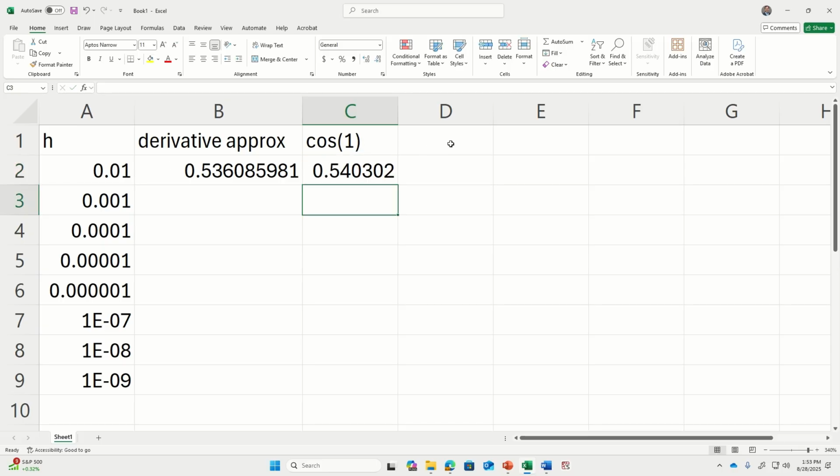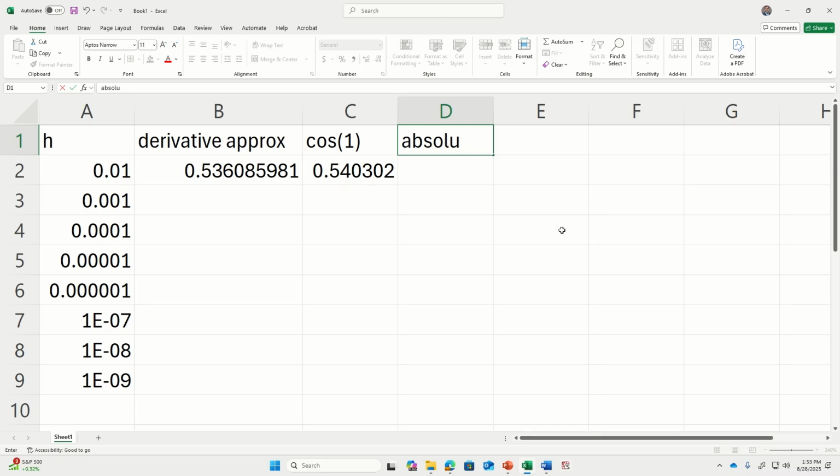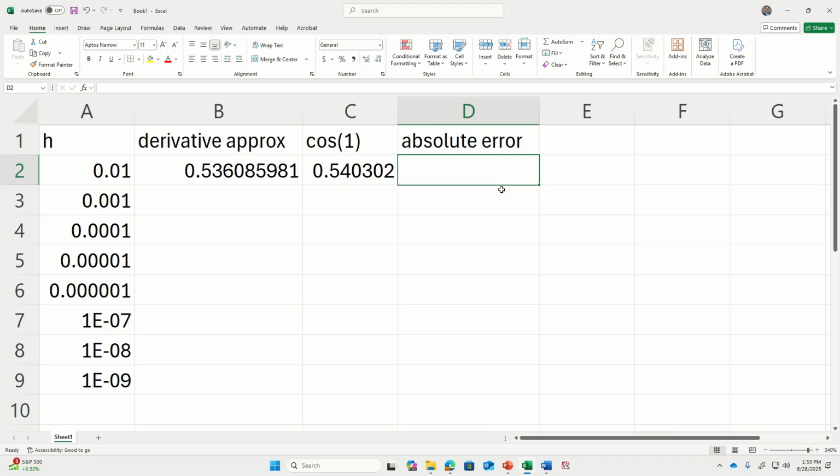That's already pretty close. And then we'll find the error. We'll talk about absolute error to make this easy. Absolute error is going to be the absolute value of this difference here.